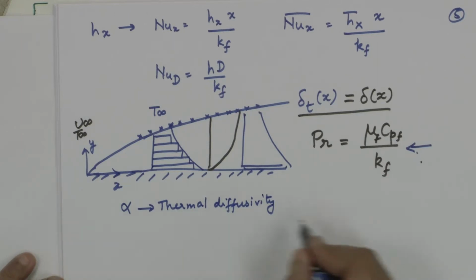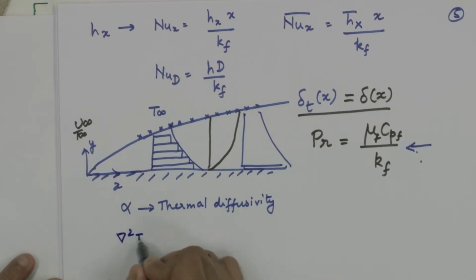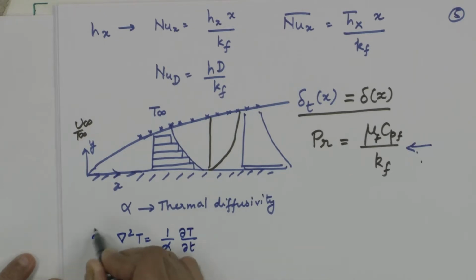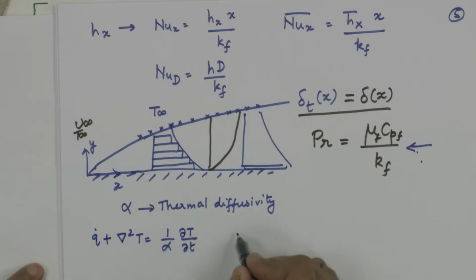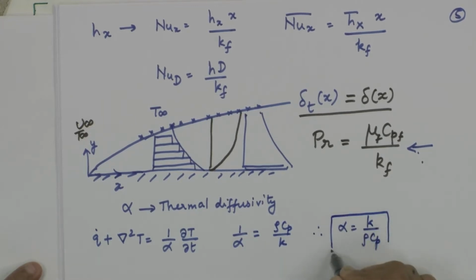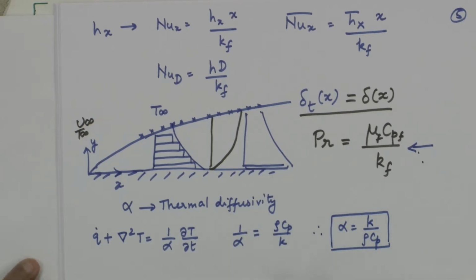Remember, we have del square T is equal to 1 over alpha dT by dt plus q dot, this was your conduction equation, and 1 over alpha is nothing but rho Cp over K. Therefore, alpha is equal to K over rho Cp. This quantity, thermal diffusivity, is responsible for how effective the heat transfer is.